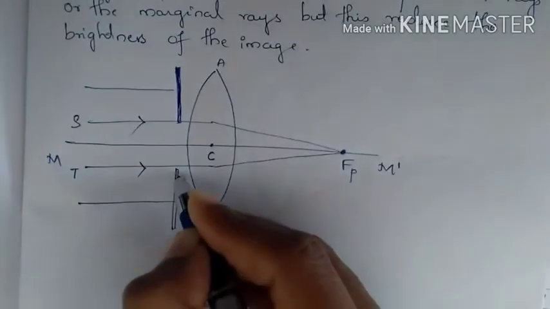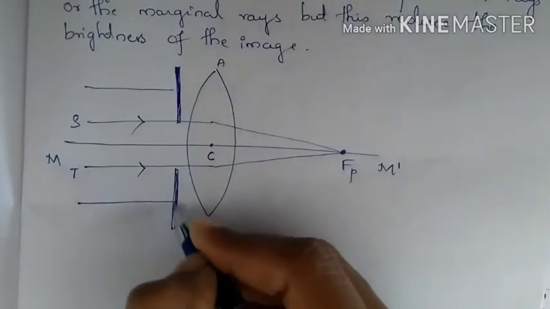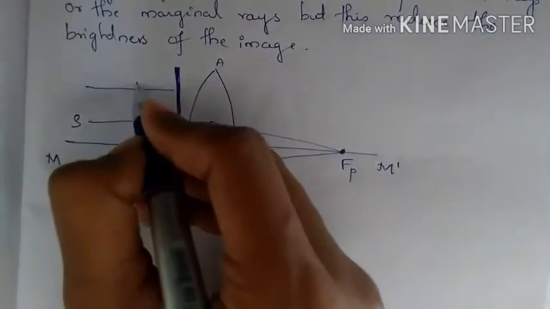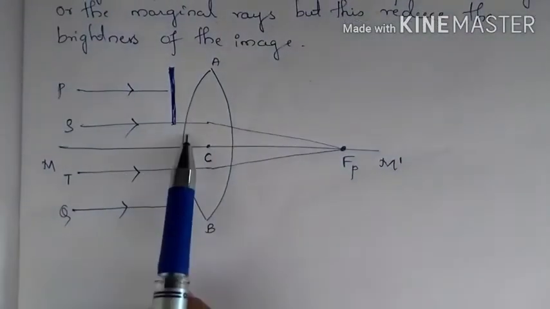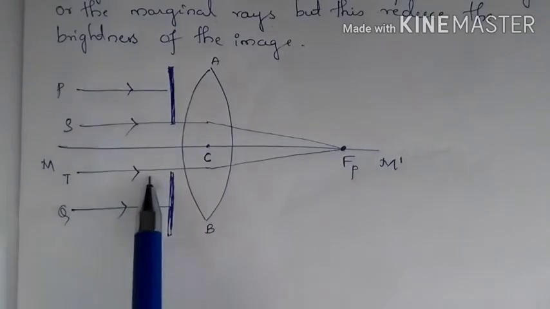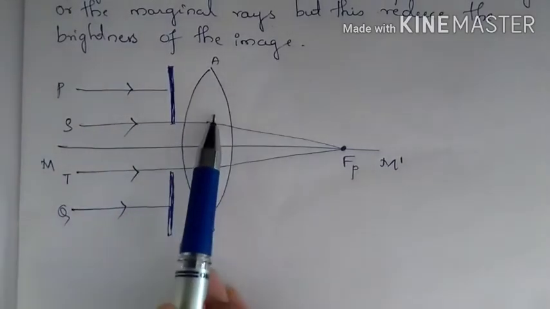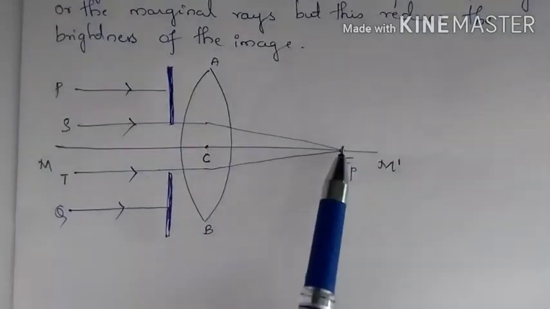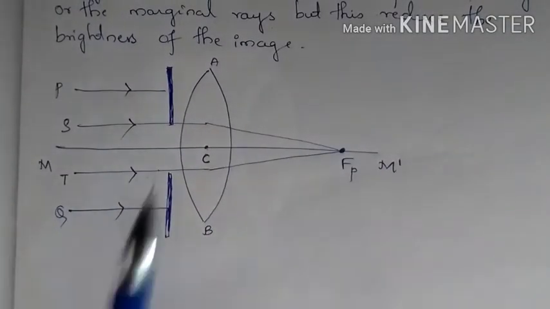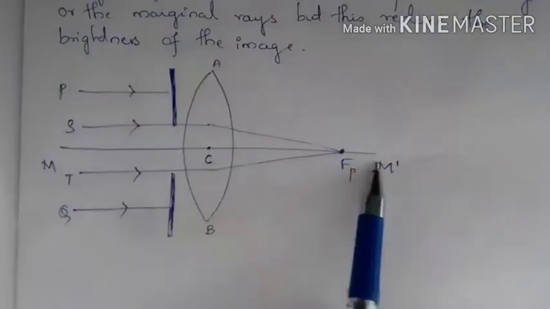These will not allow the marginal rays P and Q to pass through the lens. Hence, you will have only one kind of rays passing through the lens, and there will be only one focal point formed on the principal axis.